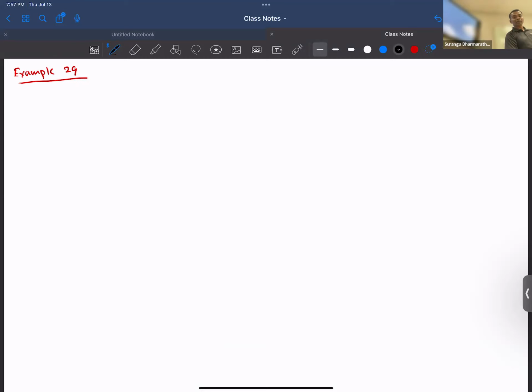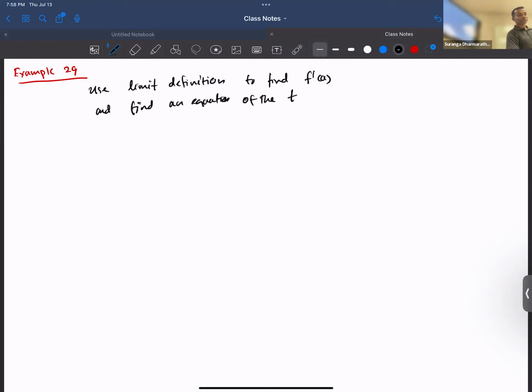Use the limit definition to compute f prime a and find an equation of the tangent line at x equals 3.